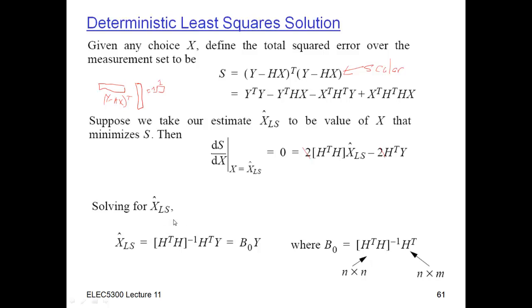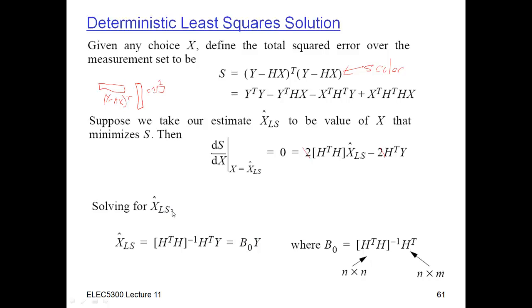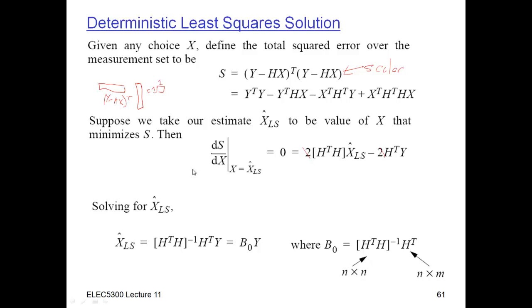Again, this is going to be a 2 by 3 matrix. So this H transpose H here is going to be 2 by 2 in our example from before. If I transpose H and multiply by itself, this will be 2 by 2, so we can definitely take the inverse of that.